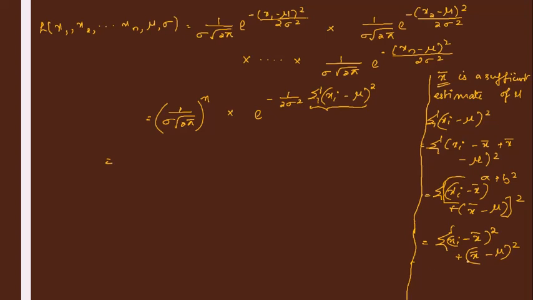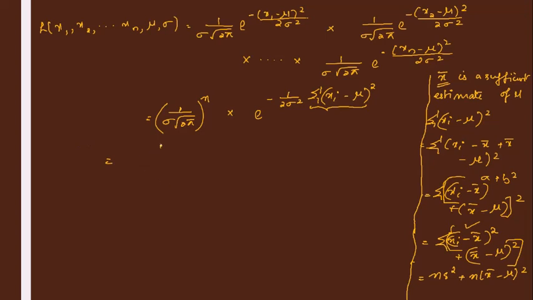Now I'm going to take the summation inside. So when I take the summation inside, what is the first term? It is nothing but n s square, plus this is n into x bar minus mu the whole square. You can take the n outside, or you can just keep it like that itself.